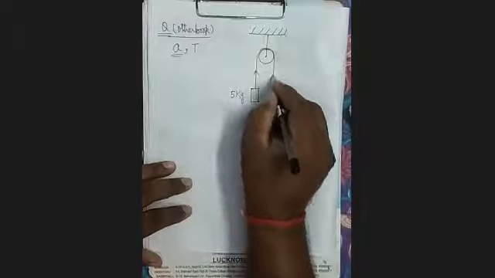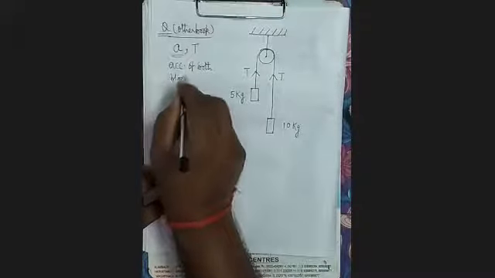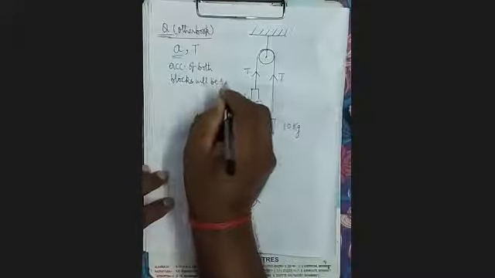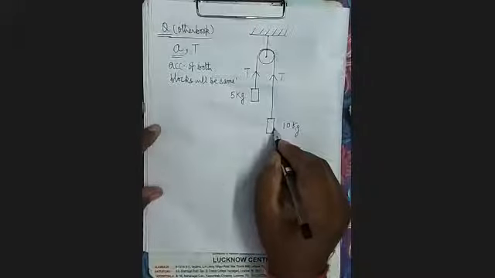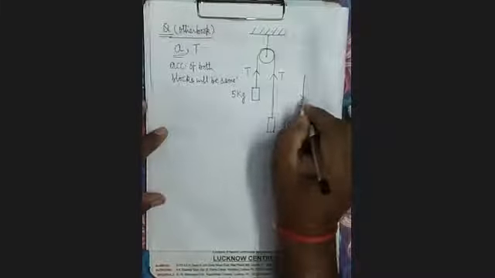So we assume the acceleration is a and the tension in the string is T. See here, this is the bigger mass and this is the smaller mass. Therefore, it will move downward and the other will go upward.